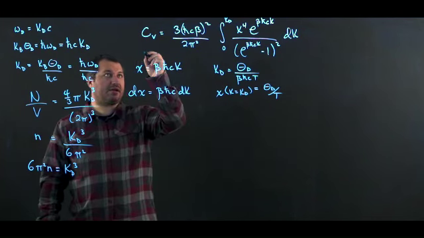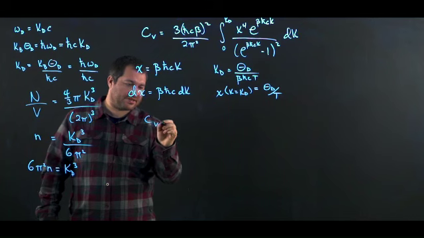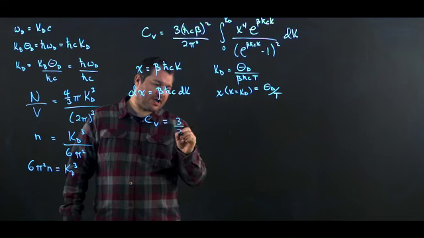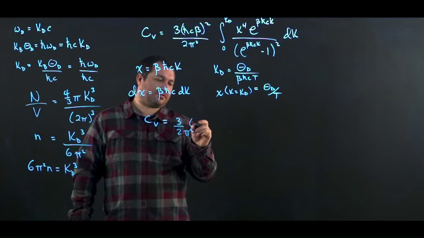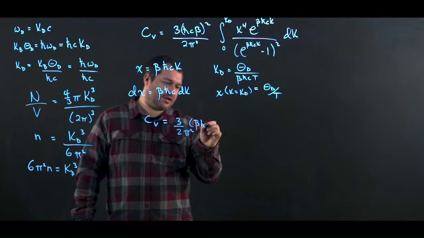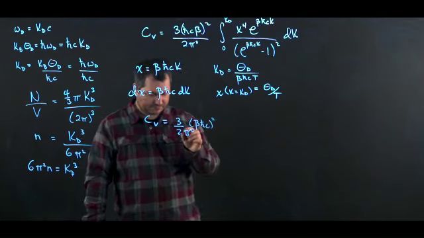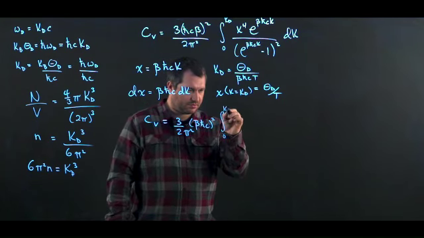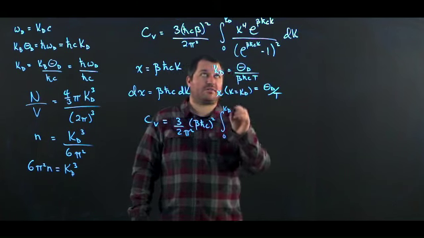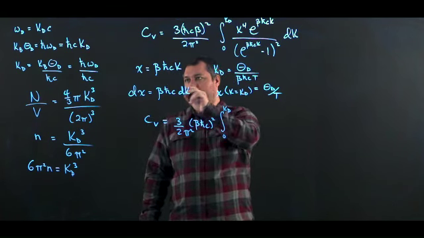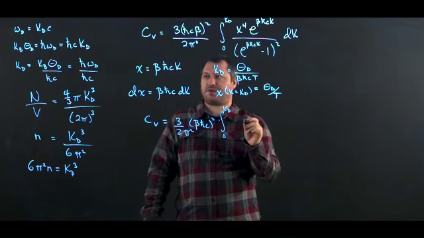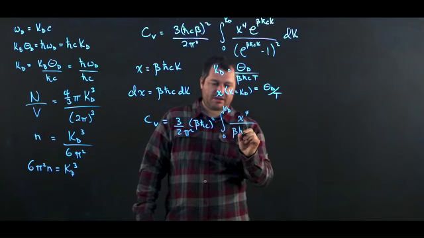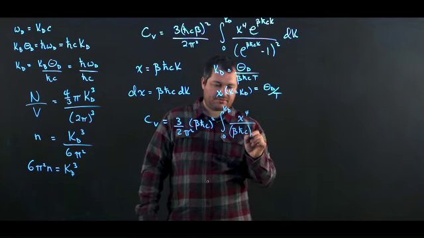So what I can now do is put some limits in and make a change of variables. So I've got Cv, our specific heat, is 3 over 2 pi squared of, I'll say, beta h bar c squared, times this integral from 0 to kd. Now I've got k to the 4, and if I move this around, that gives me x to the 4 over beta h bar c to the 4.